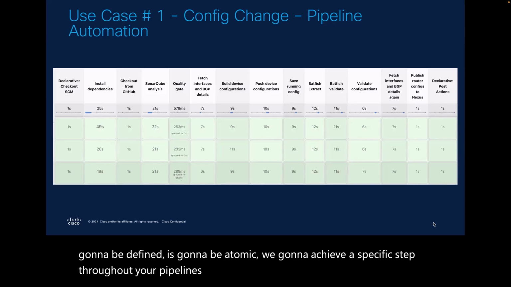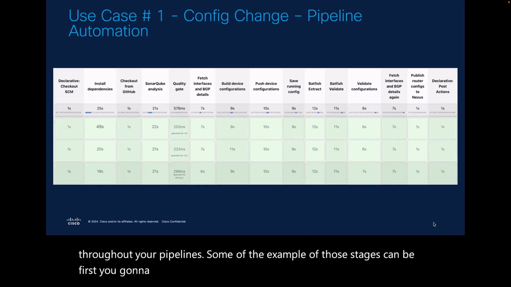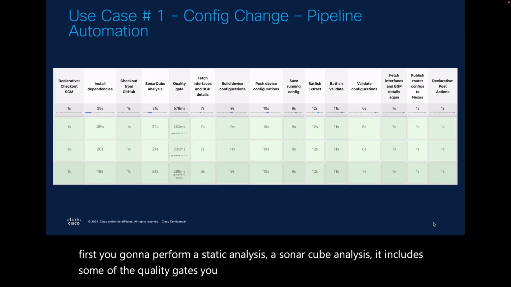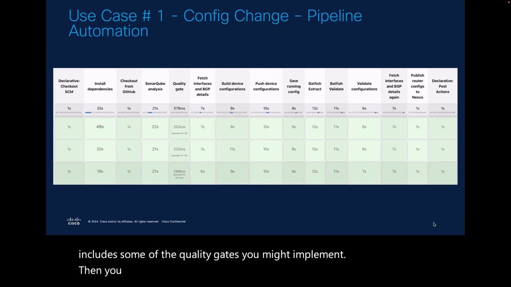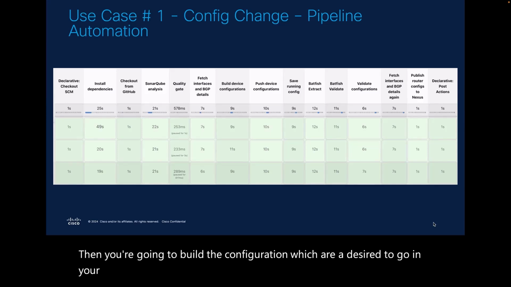Some examples of those stages can be: first, you're gonna perform a static analysis, a SonarQube analysis. It includes some quality gates you might implement. Then you're gonna build the configuration which is desired to go in your system using the configuration file present in your version control system and the variables.